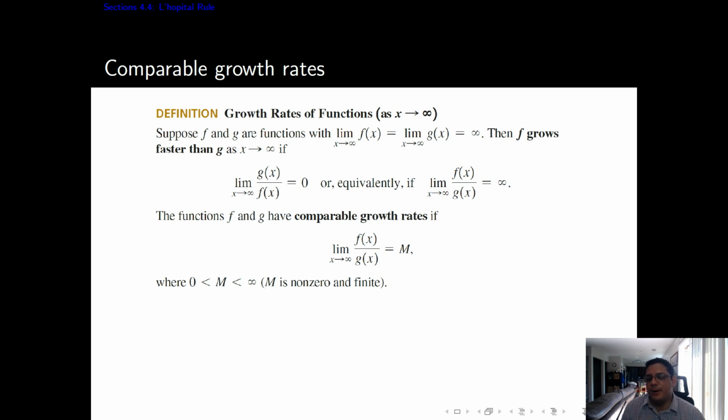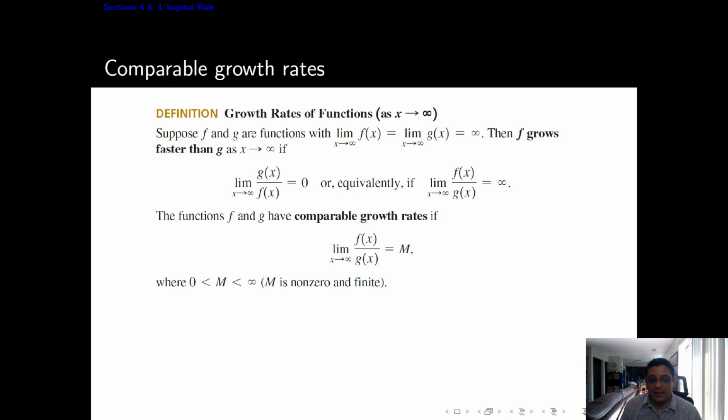Now, another important thing to take into account when you're calculating these types of limits with indeterminate forms is that you can compare growth rates. If f and g are functions that are both going to infinity, then you can check which is growing faster.